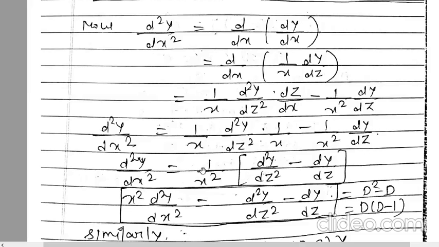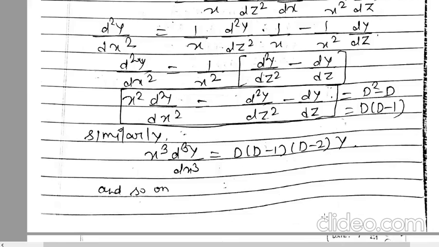So 1 by x^2 is common, taking it outside, then you will get d^2y upon dz^2 minus dy upon dz. That means your target is to find x dy by dx, x^2 d^2y by dx^2, x^3 d^3y by dz^3. It means you will find all of the terms which are given in your differential equation, right?